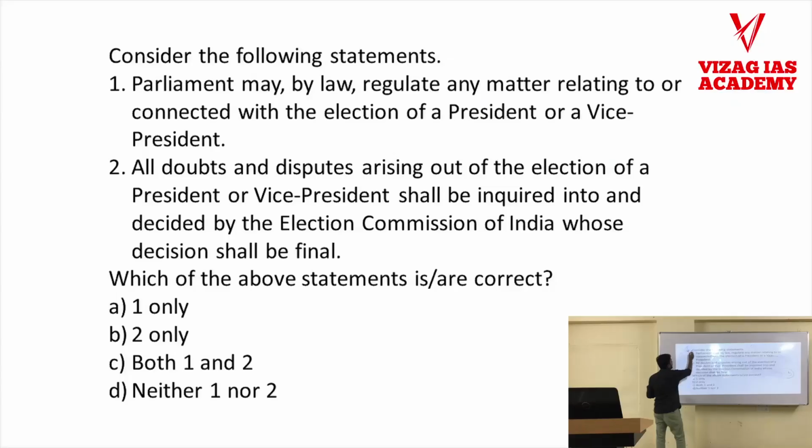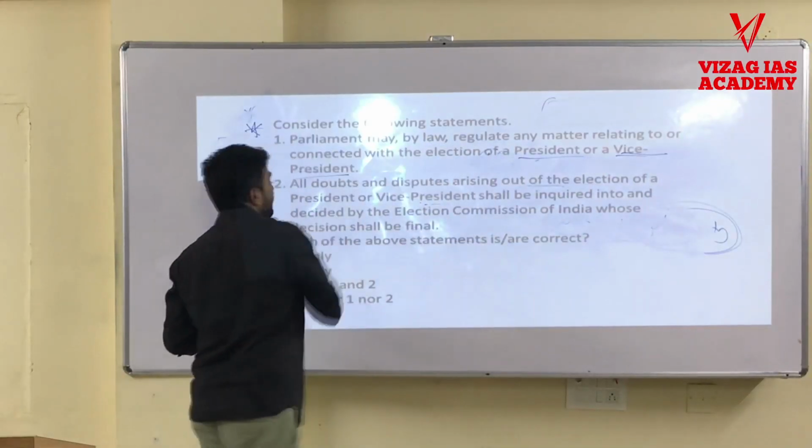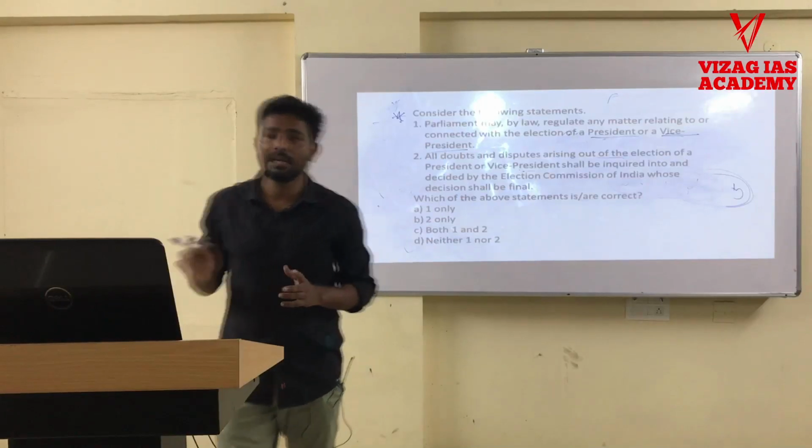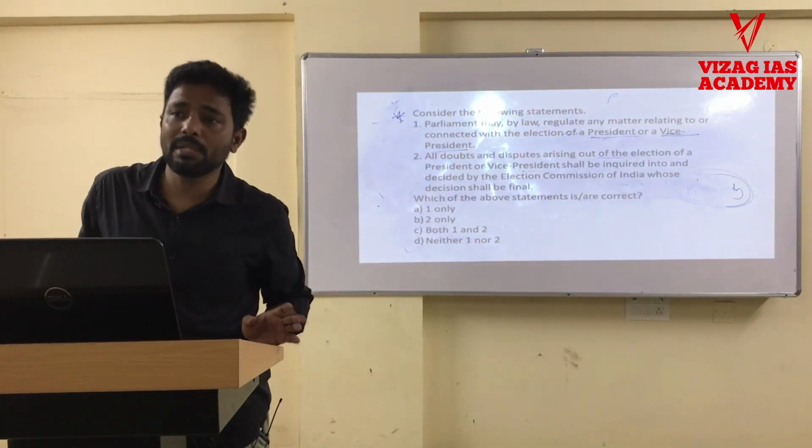Next question is, consider the following statements. Parliament may by law regulate any matter relating to or connected with the election of the president or vice president. Is it correct or not? Who will regulate any matter related to the president or vice president, or anything for that matter in the country? It is the parliament, because it is the people's house.